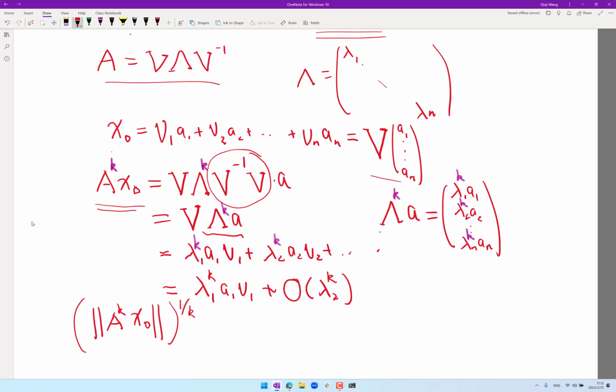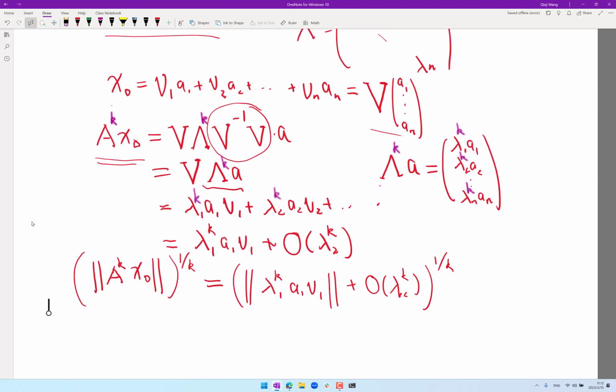That is just going to be equal to the magnitude of lambda 1 to the kth power a1 v1 plus O of lambda 2 to the kth power, all to the 1 over kth power.